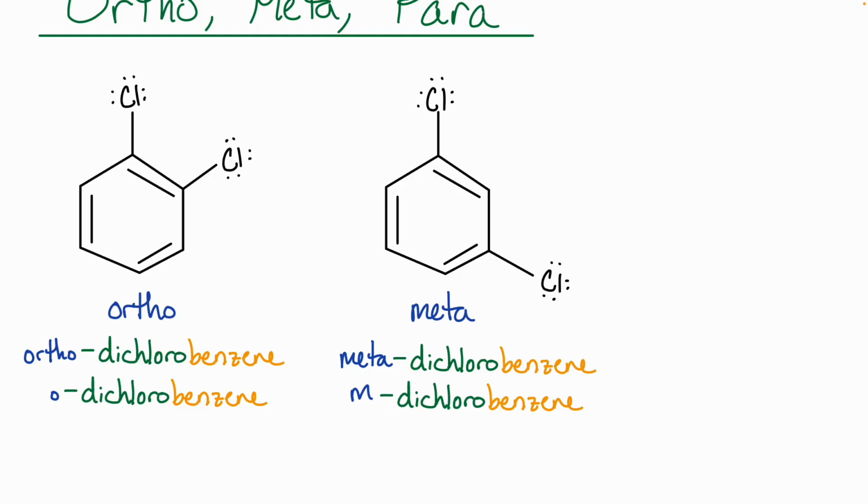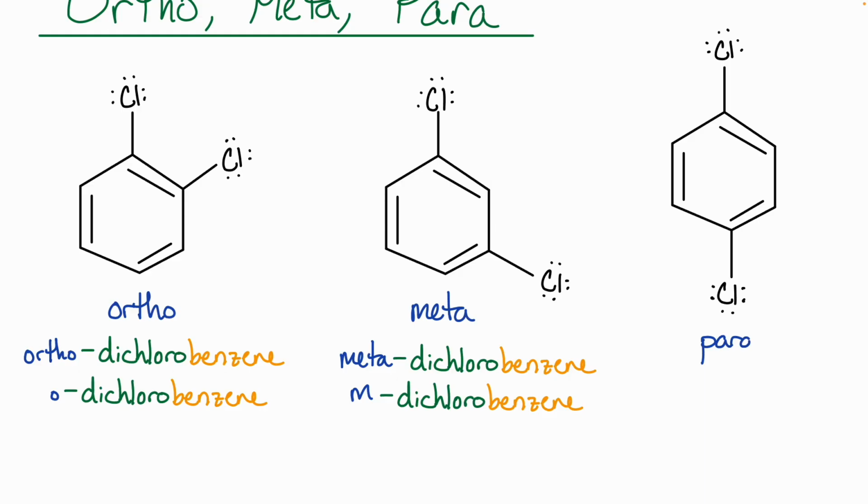And then lastly, if these two substituents were located on opposite sides of the ring from one another, this is our para isomer. So this would be para-dichlorobenzene, or p-dichlorobenzene.